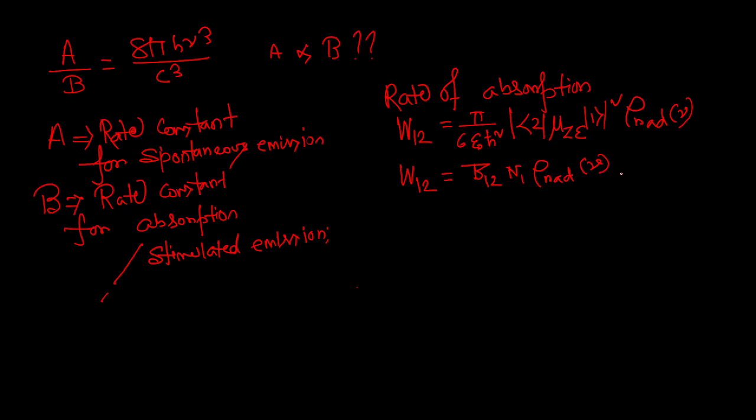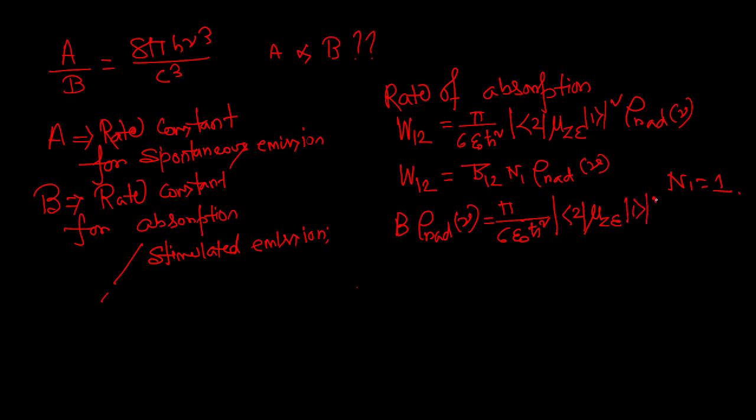So B1 to 2 you can write as B. So B, with N1 taken as a whole, is pi by 6 h cut square, mu z 1 2 square, radiation density.